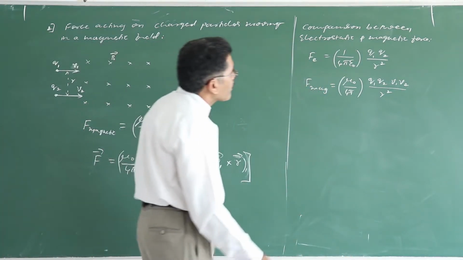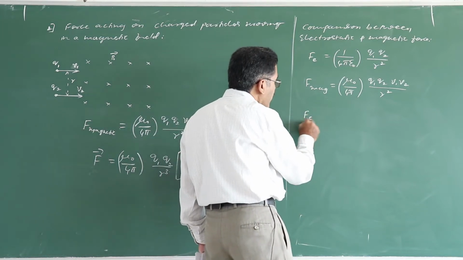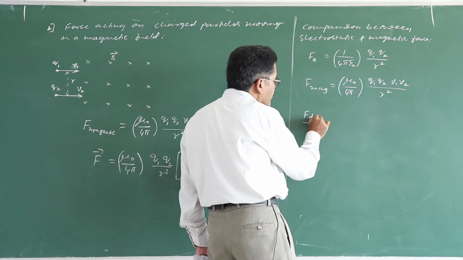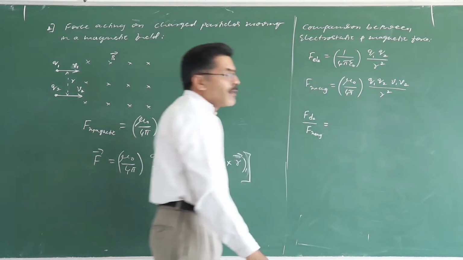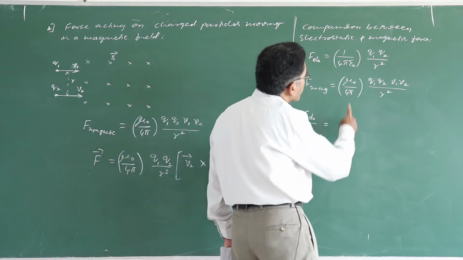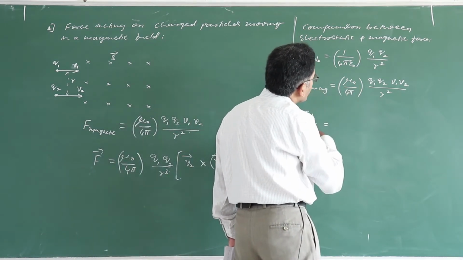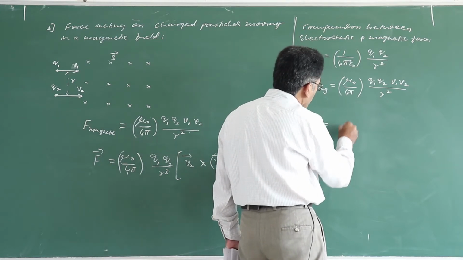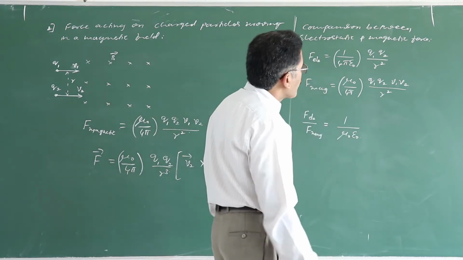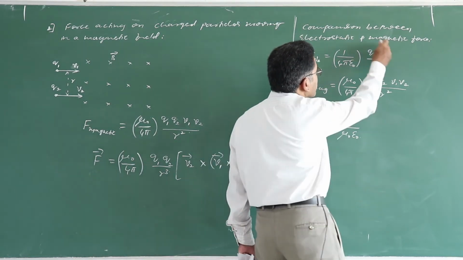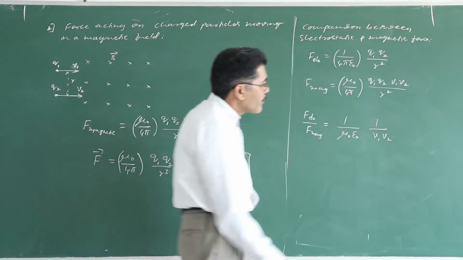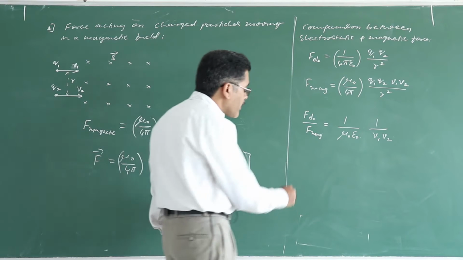Now let us divide one by the other, Fe by Fm, electrostatic by magnetic force. See here what remains. The terms mu naught by 4 pi and 1 by 4 pi epsilon naught combine to 1 by mu naught into epsilon naught, over v1 into v2.